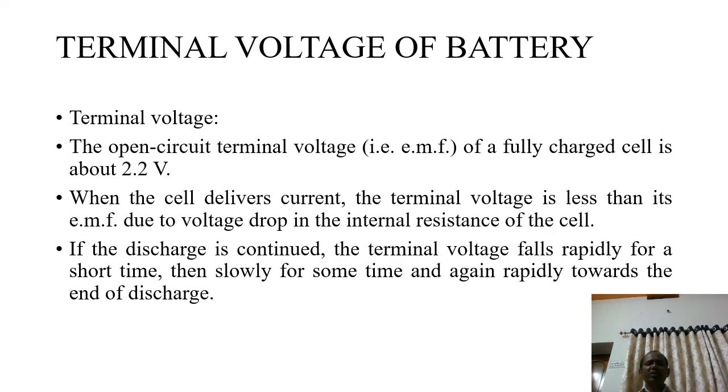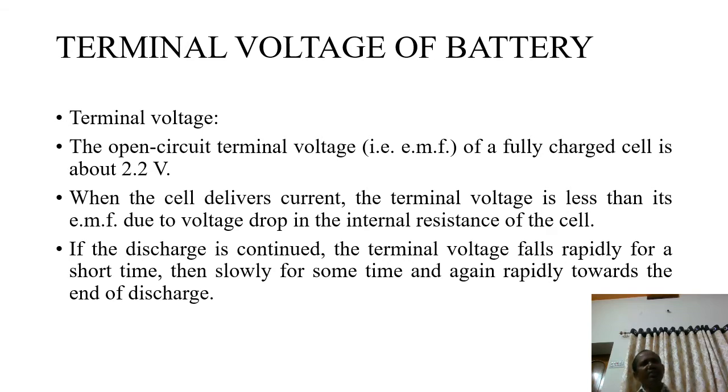Actually, the open circuit voltage of the fully charged cell, when you are testing, you will get 2.2 volts or otherwise in the range of the battery. When this battery delivers the current, the voltage across the terminals is lesser due to the internal resistance of the cell.